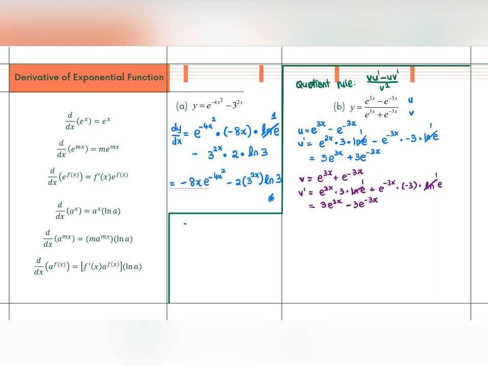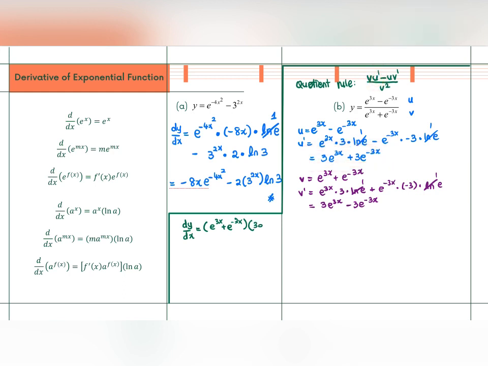Okay, this one dia agak panjang ya, so bear with me. So now kita akan start dengan v. V adalah this part, salin e 3x plus e negative 3x. Okay, and then u prime. U prime is this part.